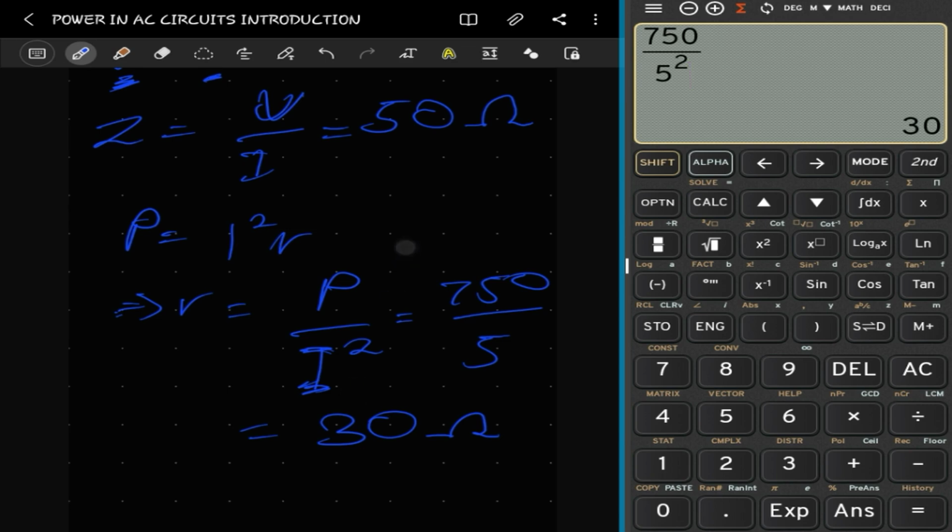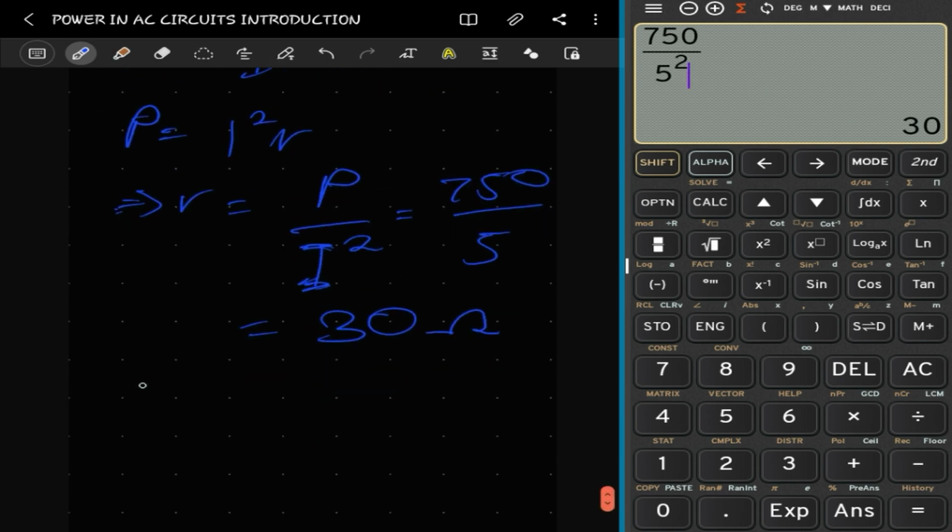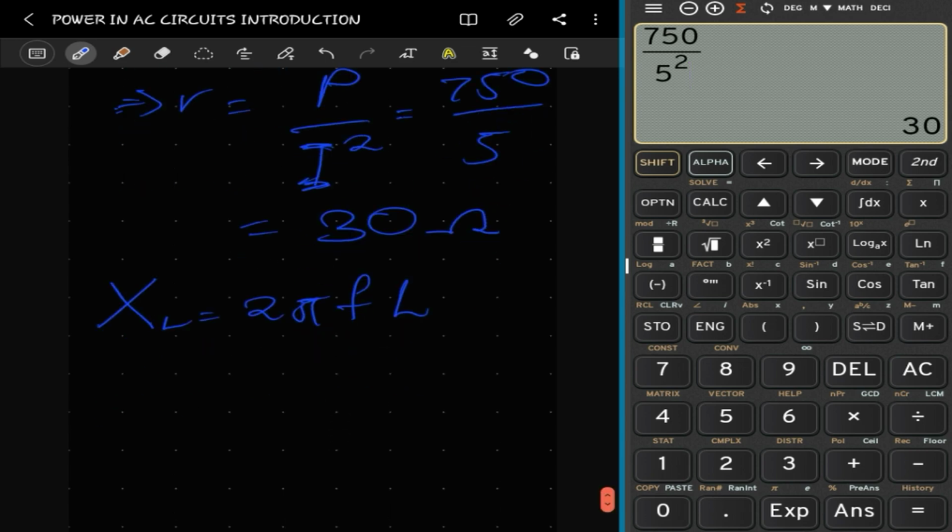But then we know that the inductor is related to two equations. We have reactance, XL equals 2 pi f L, and then we have another one where we have v equals L di dt.